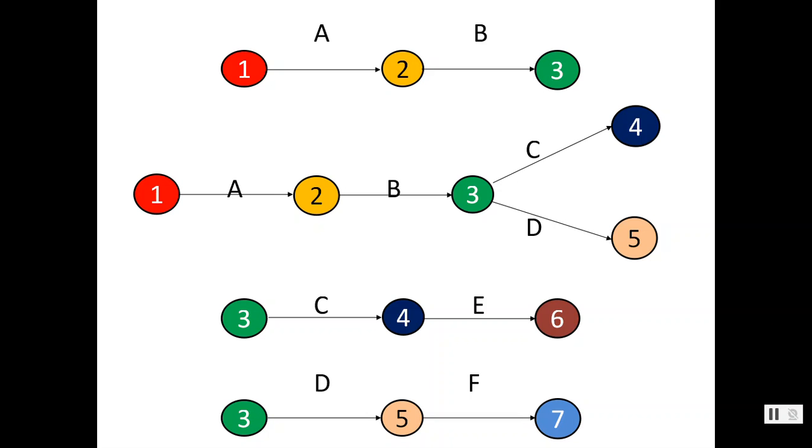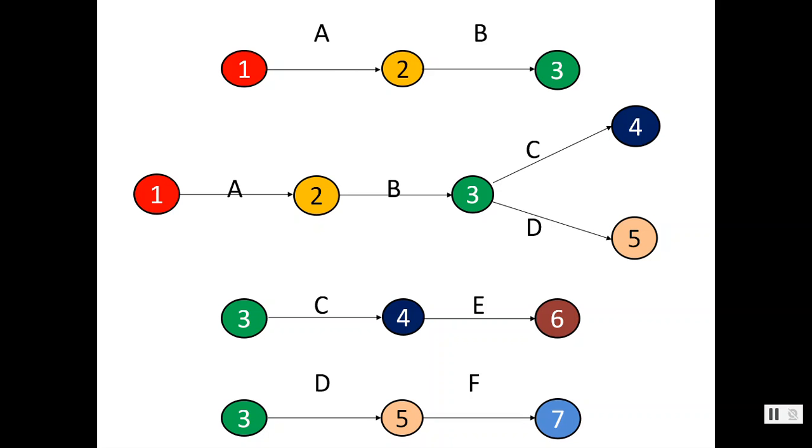Again, when we look at the second line, from 3 it goes towards C and from 3 it goes towards D. 3, 4 and 3, 5. In the third line, from 3 again it goes towards 4 and from 4 it goes towards 6.